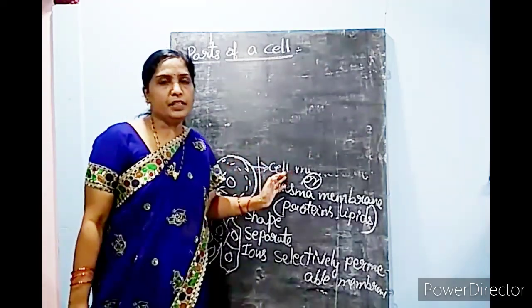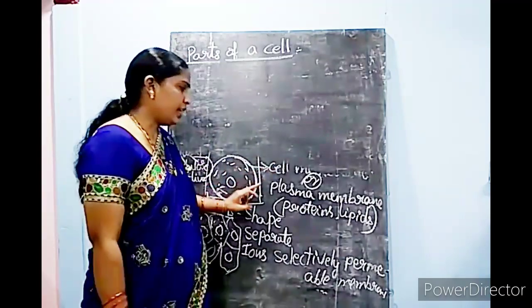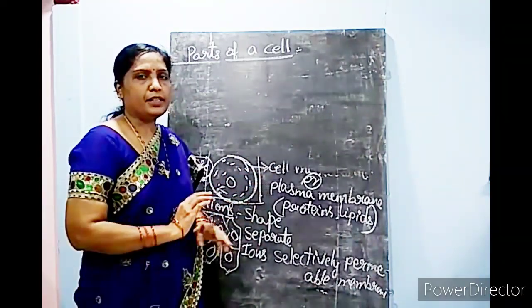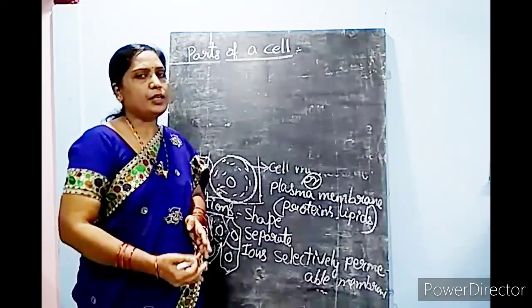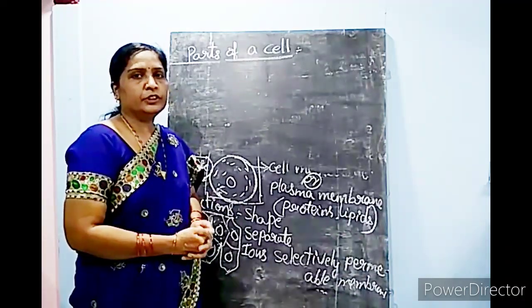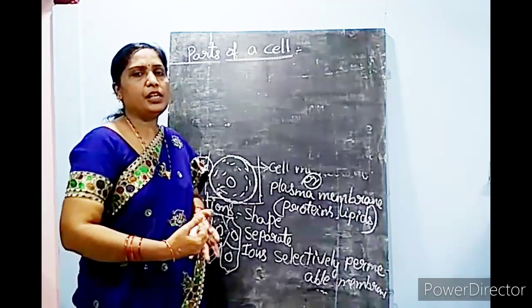First we will revise the functions of the cell membrane. The cell membrane gives shape to the cell and separates one cell from the other cell. It also separates one cell from its surrounding medium, and it protects the cell from external injuries.